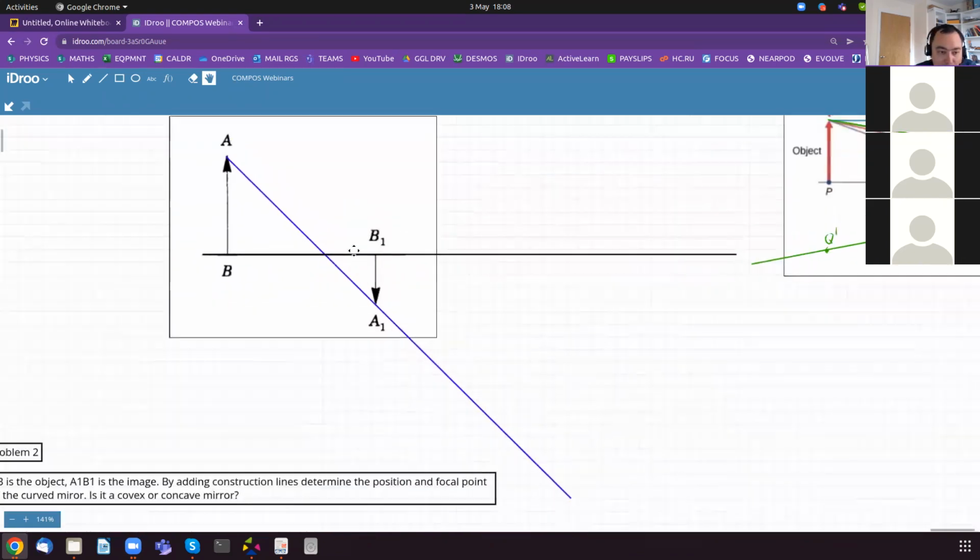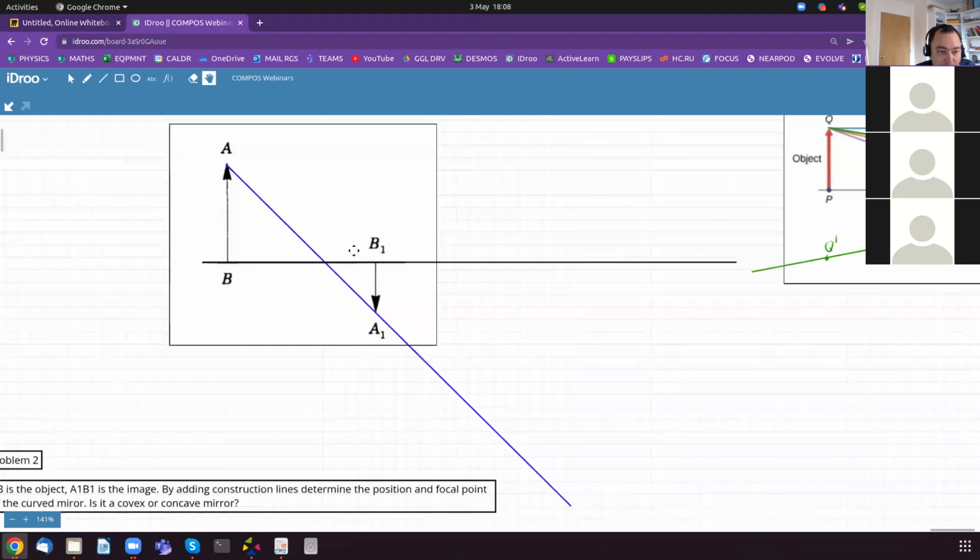So we're going to place a point. We're going to measure this distance.